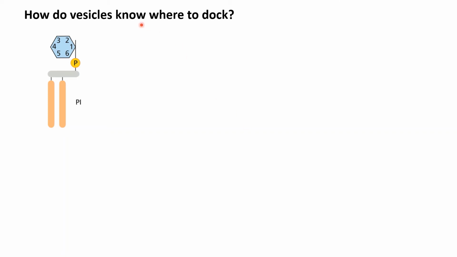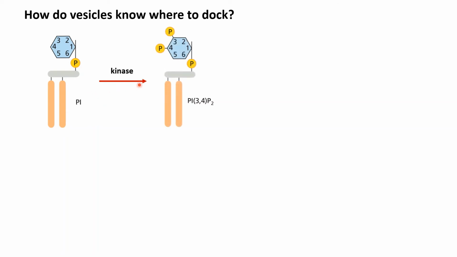But how do they know where to dock? That's the question, okay? So the answer lies with a type of phospholipid known as phosphatidylinositol, okay? With the help of a kinase, the phosphatidylinositol is going to be converted into phosphatidylinositol phosphates.